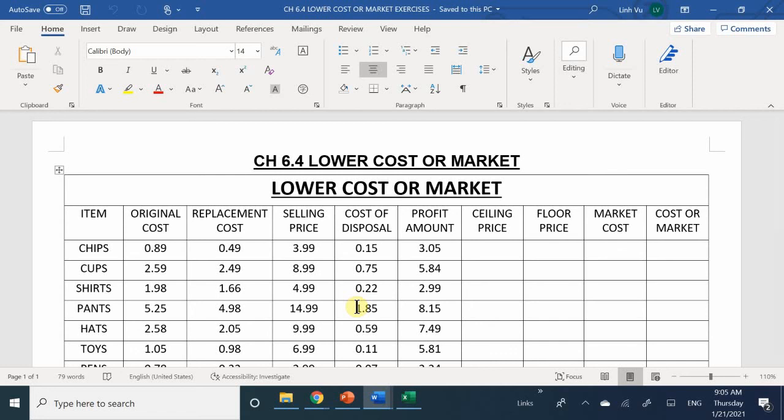So, how am I going to determine my ceiling price? Selling price minus cost of disposal. $3.99 minus 15 cents equals $3.84. What is my floor price going to be?